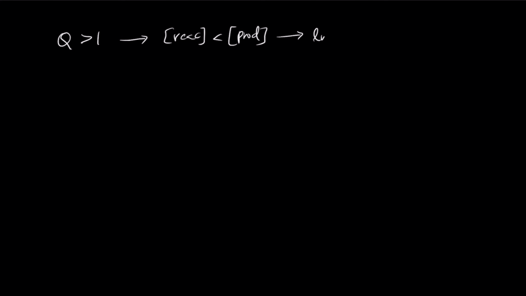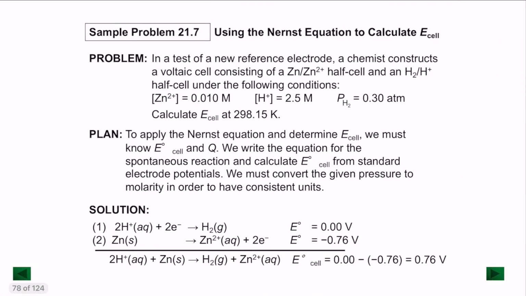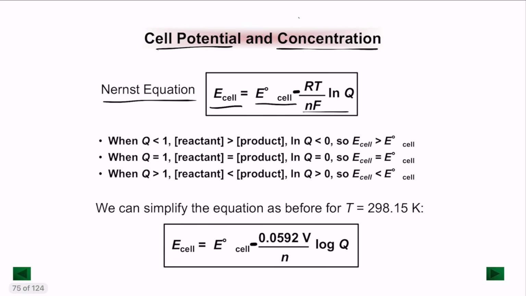Then ln Q is greater than 0, which means the cell potential will be less than the standard cell potential. These are the three conditions we can use to understand this.